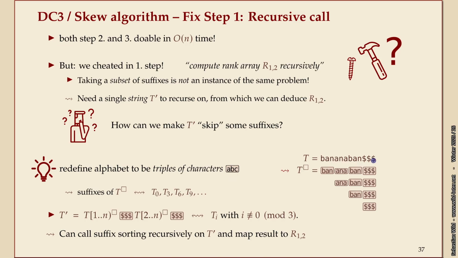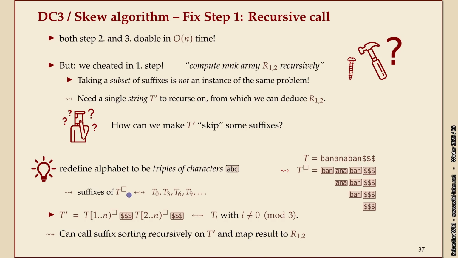So instead of this input string, t box, the tripled string, is just taking these first 3 and pretending that's one character. It's one item. And then, of course, the suffixes of t box are precisely, ignoring the box boundaries, the suffixes that start at multiples of 3.